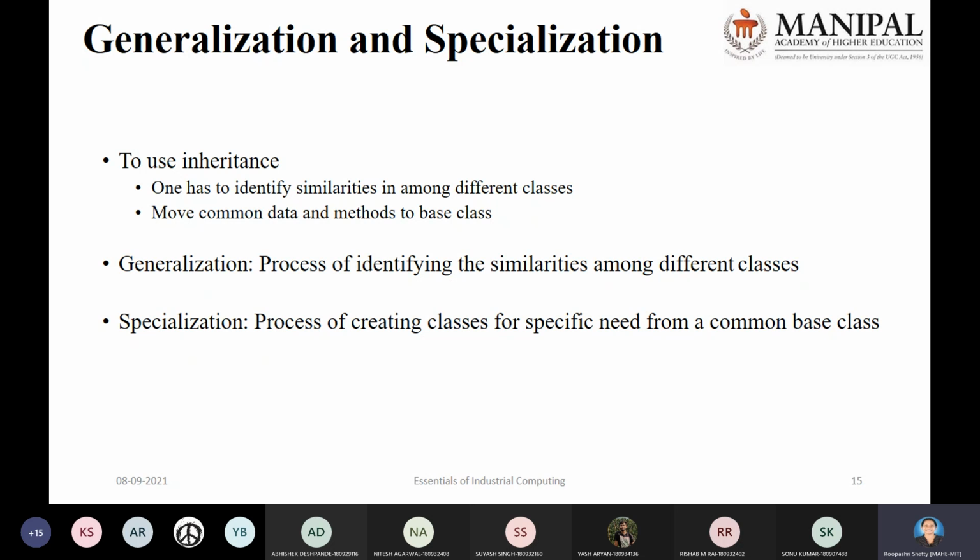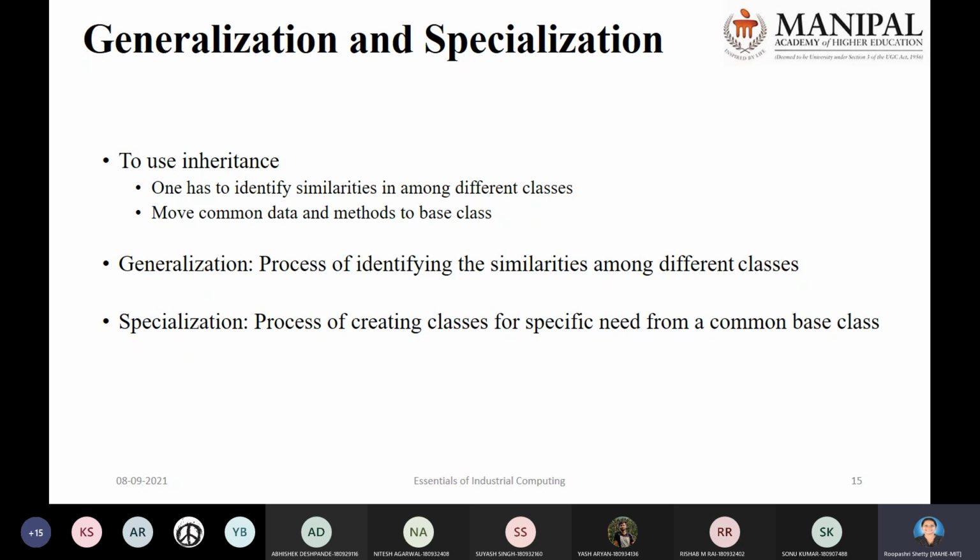Okay. So, to put it simply, generalization identifies common attributes and common behaviors among different entities, whereas specialization identifies the distinct attributes and behaviors which differentiate a derived class from another class.